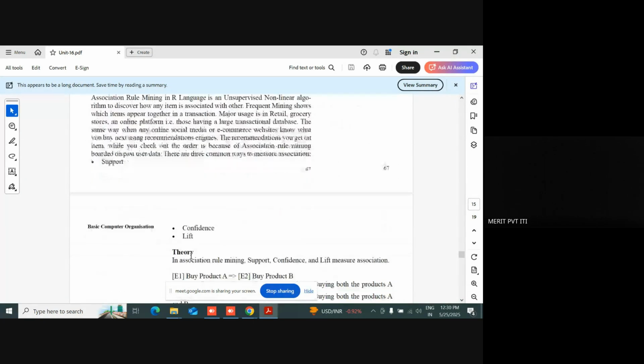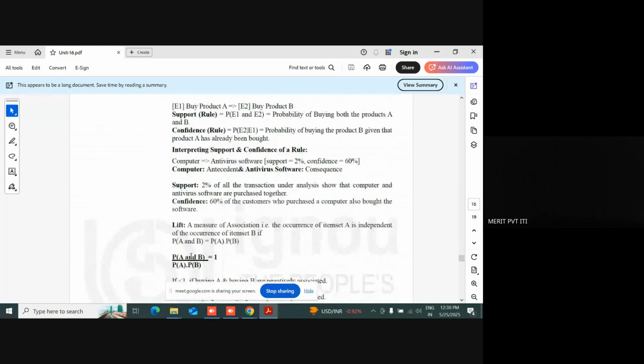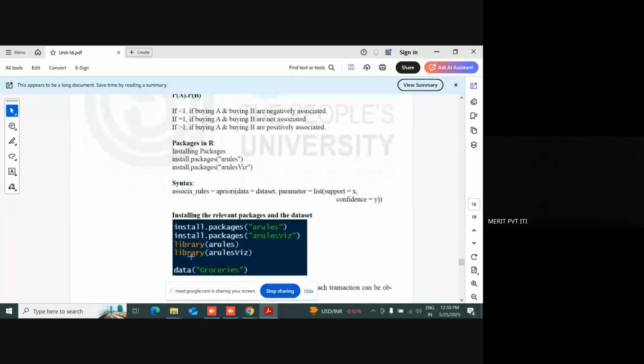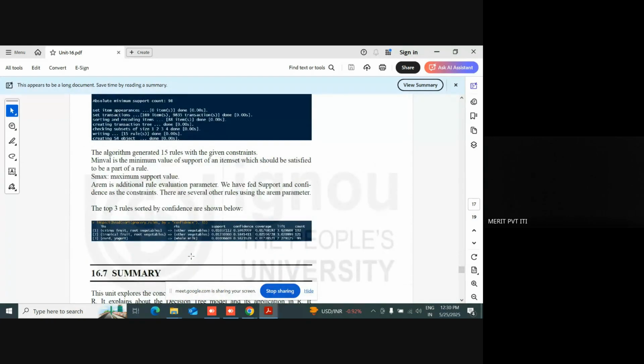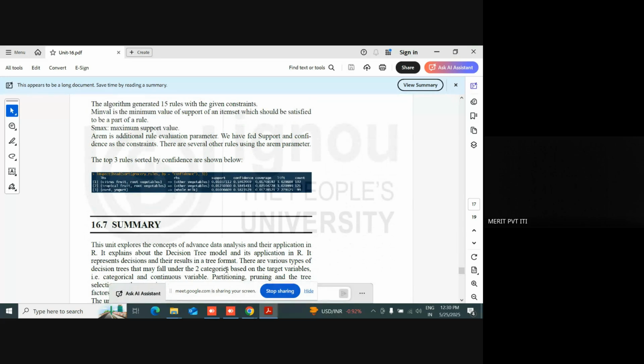Association rules software is also available, so look at it. Generally in this last block the software is on R programming, whereas in artificial intelligence all the software was on Python. So this is what has been given in this book.